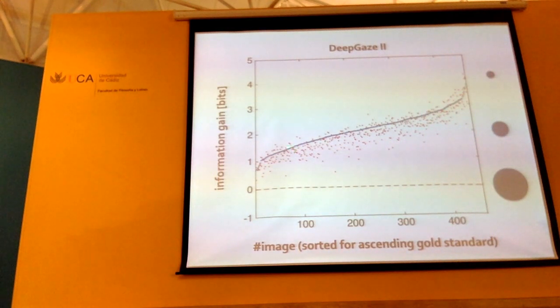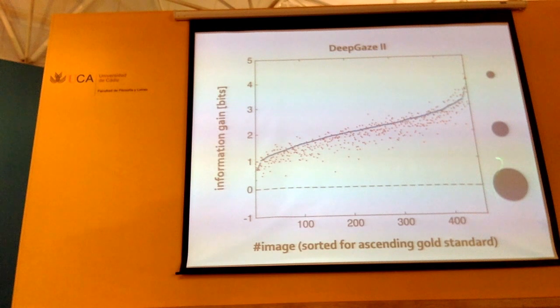As I mentioned earlier, you can have higher information gain than the gold standard, because our gold standard is also an estimate. But that estimate actually uses empirical data of where people looked, rather than predicting where people look just from the image content.